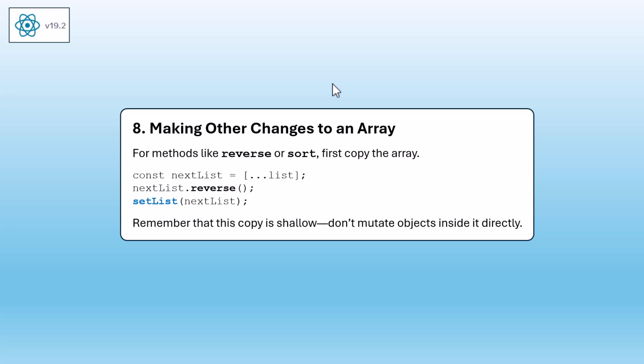However, be careful. Even though you've copied the array, this only creates a shallow copy. The items inside are still references to the same objects as before. If those objects themselves are modified, it would still mutate your state indirectly. To prevent this, you should copy not only the array but also any nested objects you intend to change.